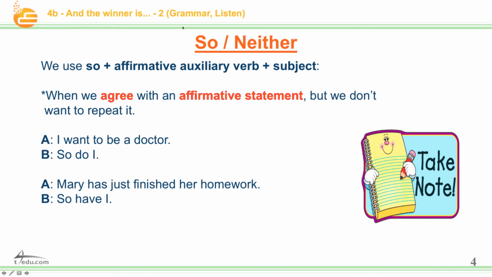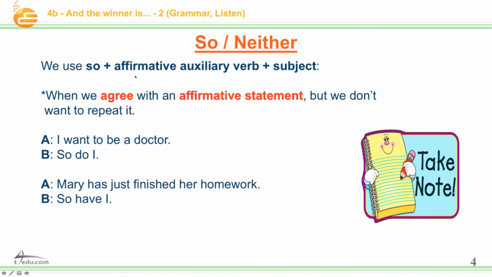We're going to start with so. We use so plus, this is a structure, everybody, so plus affirmative auxiliary verb, or we can call it helping verb, plus subject.